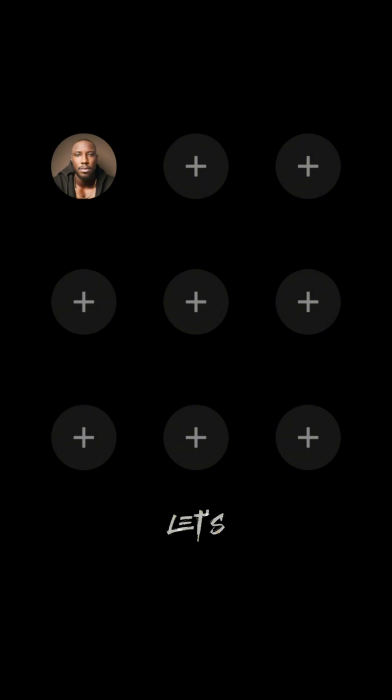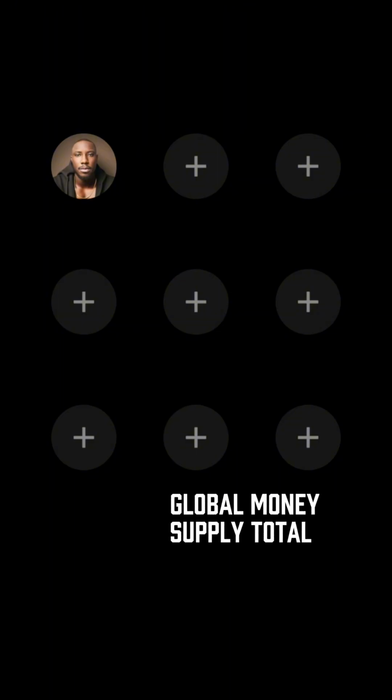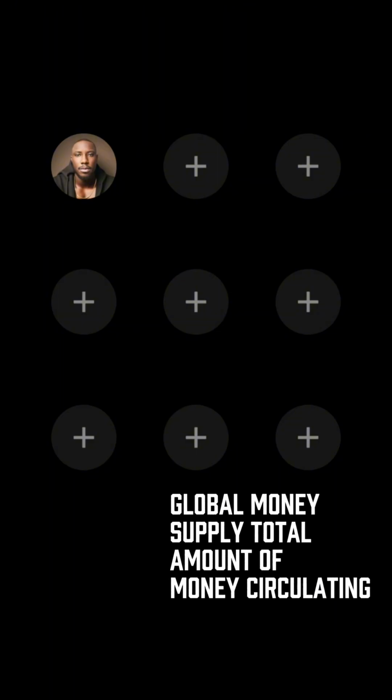Okay, so let's continue. Let's first understand what global money supply is. Global money supply is the total amount of money circulating in economies: cash, bank deposits, digital funds.